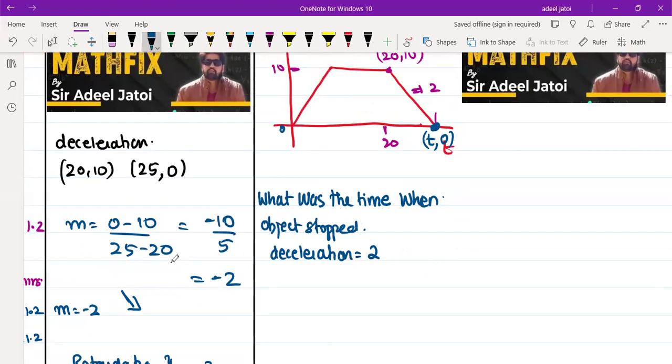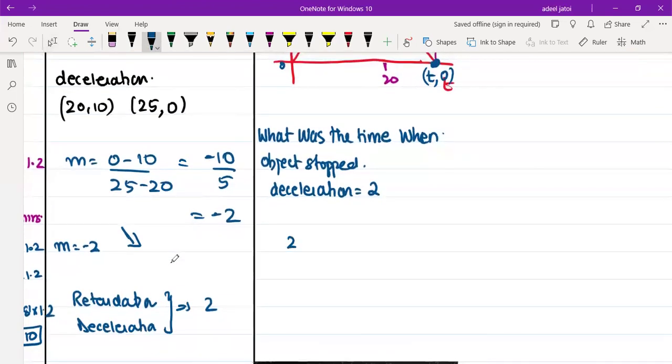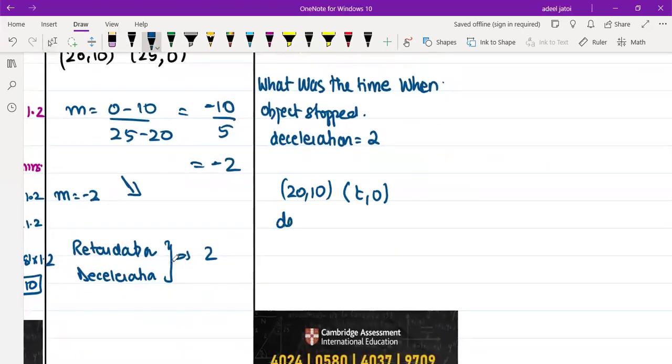So in the same manner, we write down 20, 10. We write down t, 0. And we write down deceleration as 2.